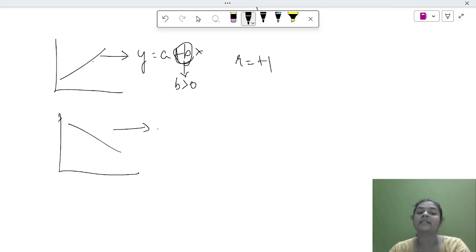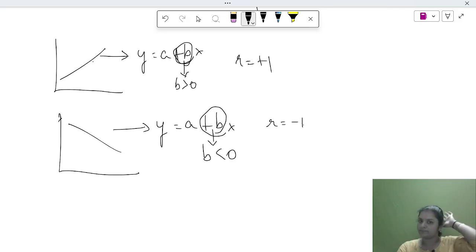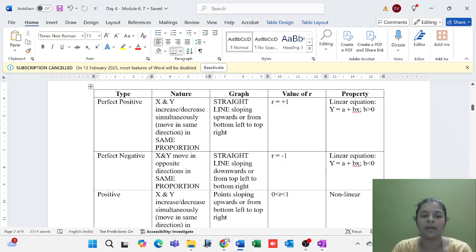Again, this is a linear correlation where y is equal to a plus bx, but this value of b will be negative. That is, the value of b will be less than 0. Upon that, what will be the value of r, the correlation coefficient? -1. The value of r will be equal to -1.